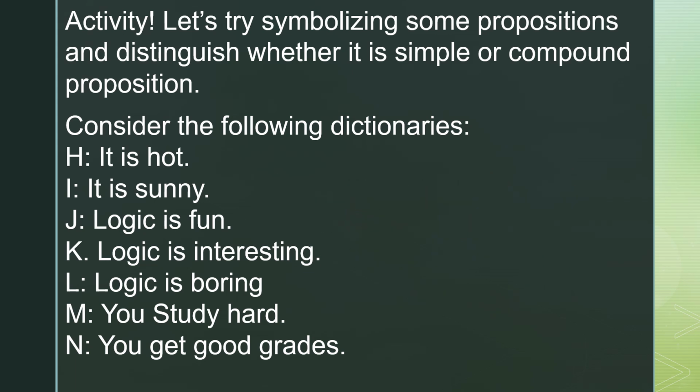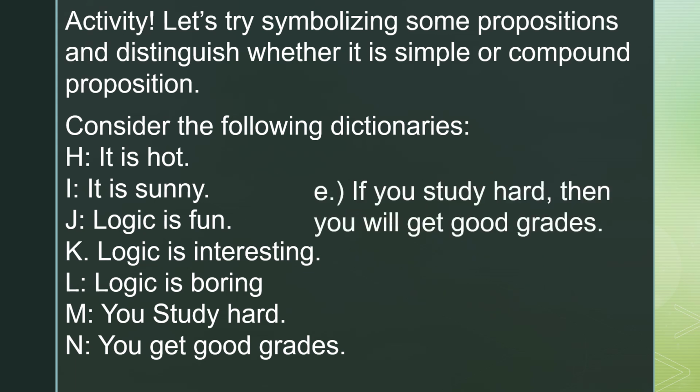Next, if you study hard, then you will get good grades. Take note that it uses the "if... then" statement connector. Because we have "if" and "then," our symbol for this is this.